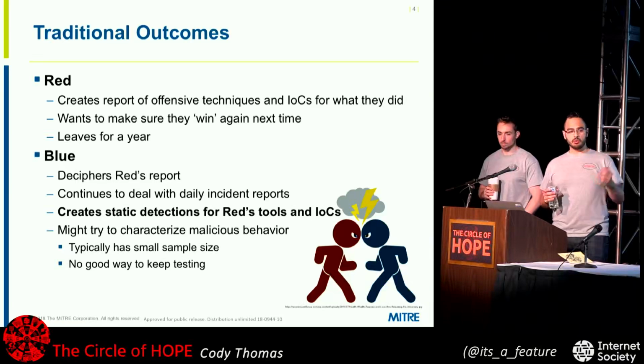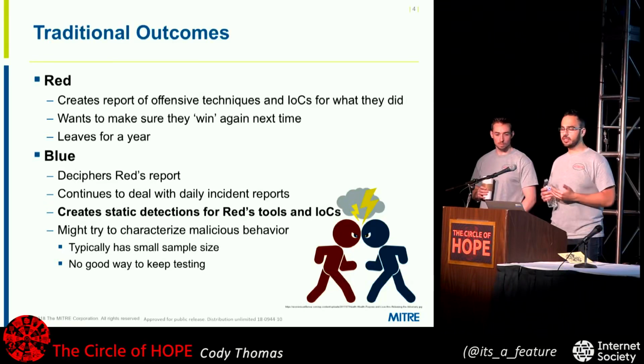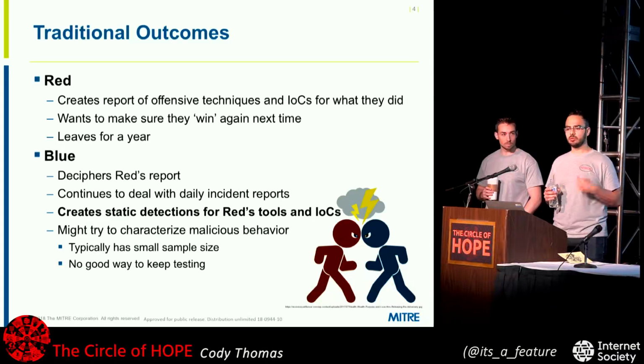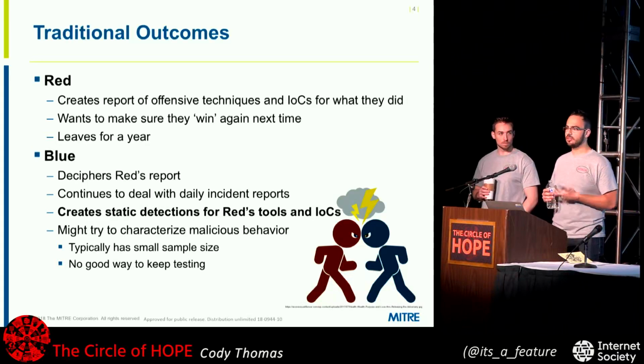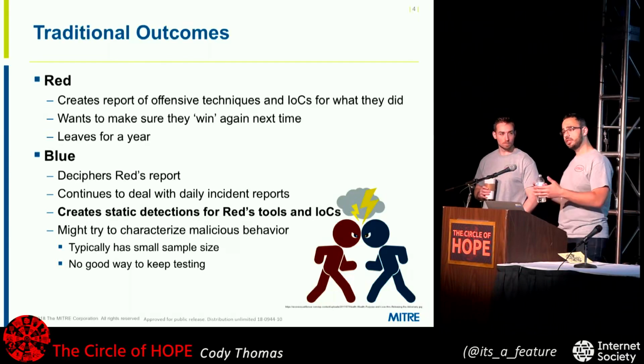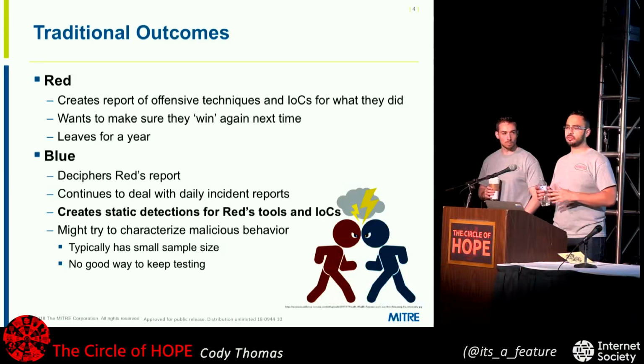In that report that they write at the end, they'll put all the techniques, and they'll put any IOCs, indicators of compromise, for all the stuff they did. So these are your file hashes, your file names, what IPs and domain names they came from, and their C2 and whatnot. So, depending on who's responsible for cleanup, blue team can make sure that none of that's still in their environment.